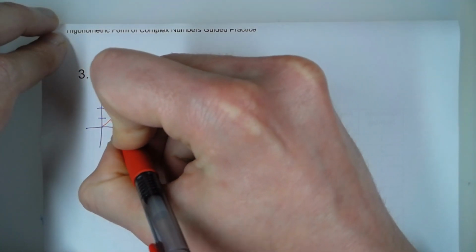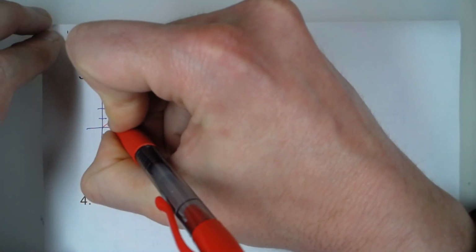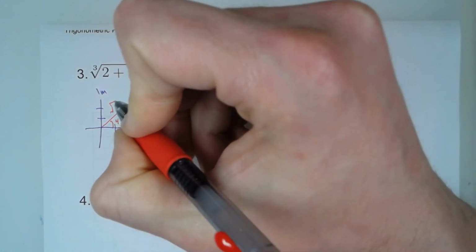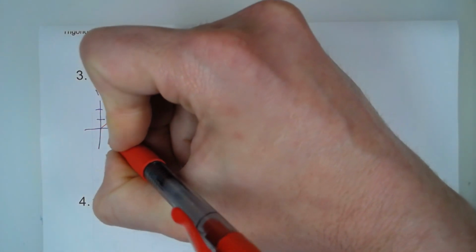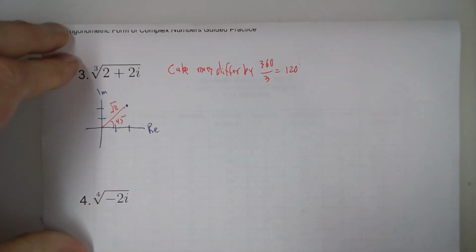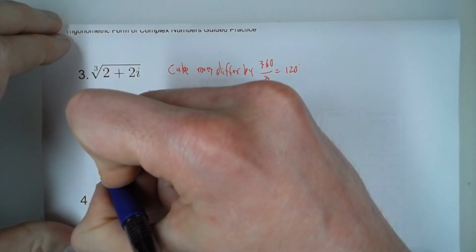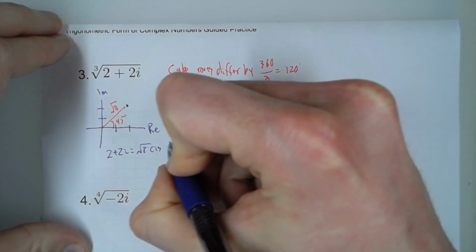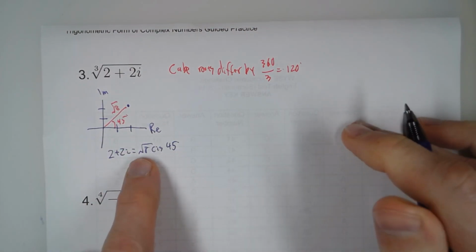So the angle is still 45 like the last one, and the magnitude is square root of, let's see, 2 squared is 4, 2 squared is 4, so that's 8. So I'm going to leave it as square root of 8 for now. So 2 plus 2i equals square root of 8 cis 45. I could simplify it, but I'm not going to, because we're going to take the cube root of that anyway.